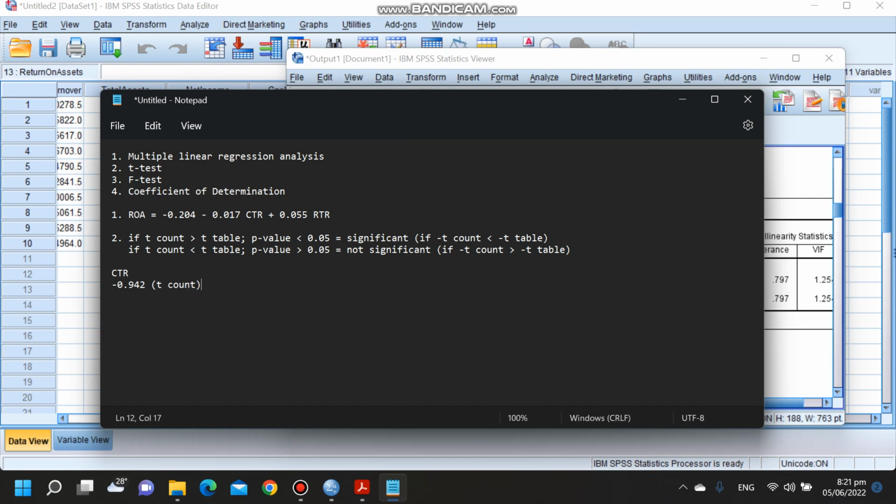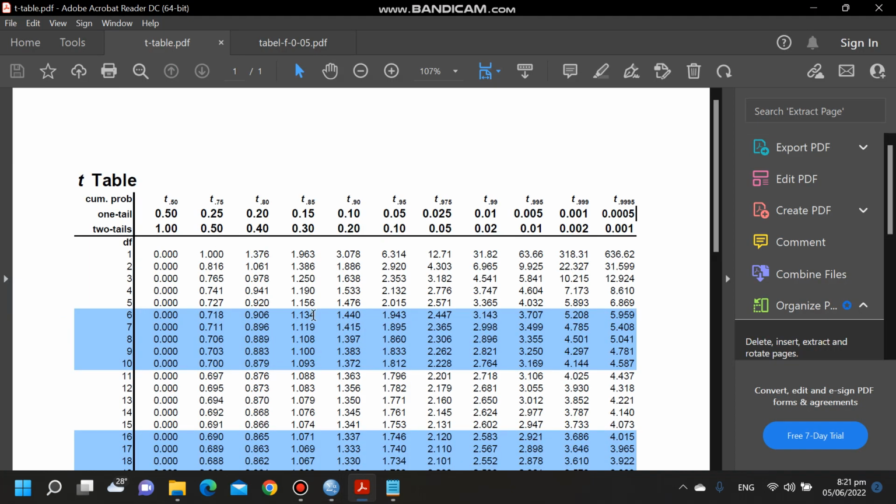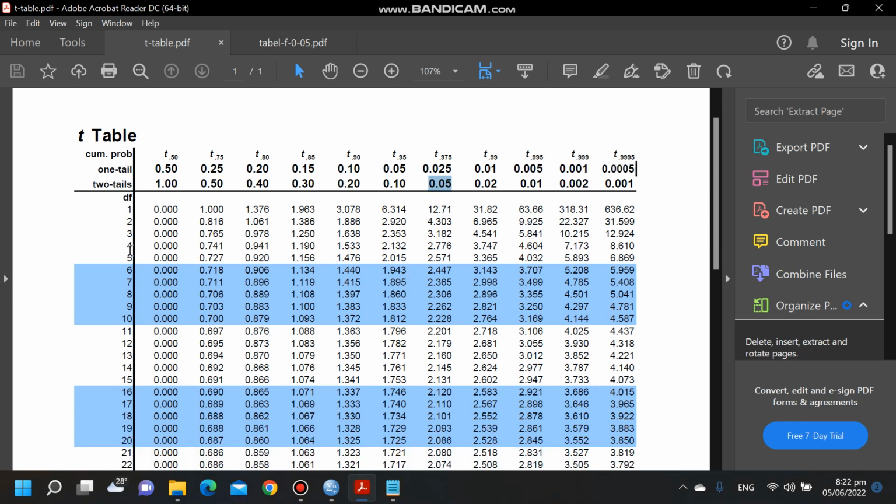So we need to determine how much is the t table. Okay, so the t table you need to find on the internet. When you see the t table, find the two tail, and then 0.05, and then you determine your df. So df in t table is n minus 1, so it means your total data minus 1.